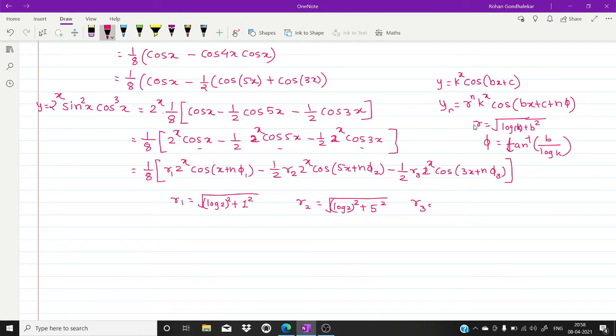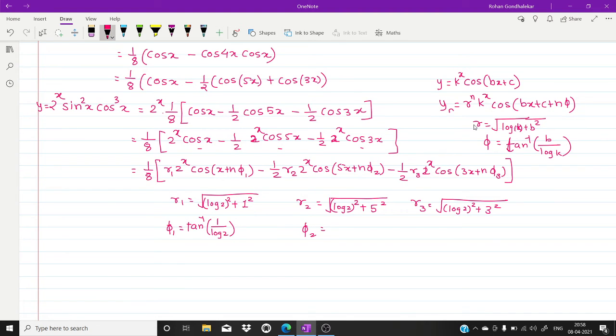And in R3 we have square root of log 2 square plus 3 square. Now what is phi 1? Phi is tan inverse of b by log k. So this is tan inverse of 1 by log 2.